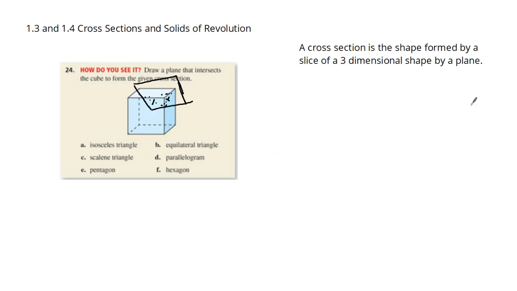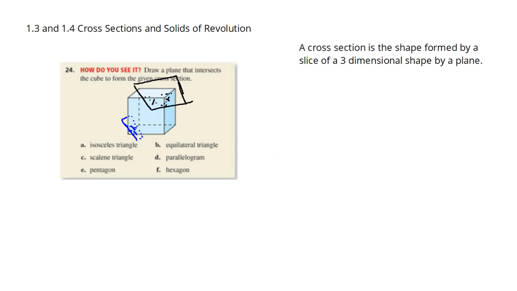And if you want an equilateral triangle, you can just cut it like this. There's nothing to teach here. It's just intuition. The more intuition you have, the easier it is to visualize the cross sections. So if you cut it like this, you have an equilateral triangle. This equal to this equal to this.